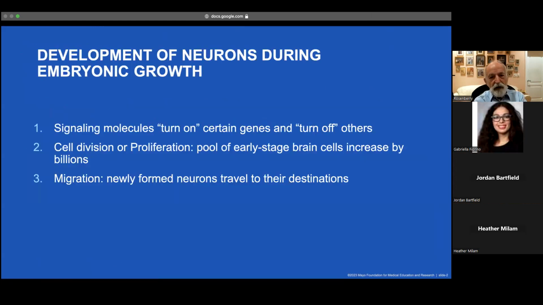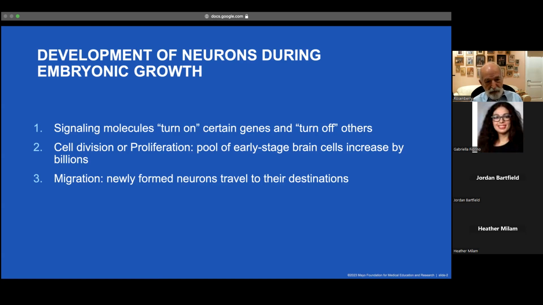The development of neurons during embryonic growth. Signaling molecules turn on certain genes and turn off others. So this is not just the geographic proximity of neurons to each other, but it's their chemical environment that is constantly under revision.